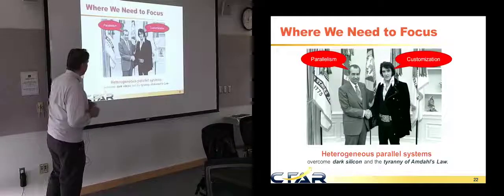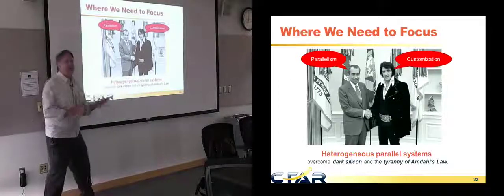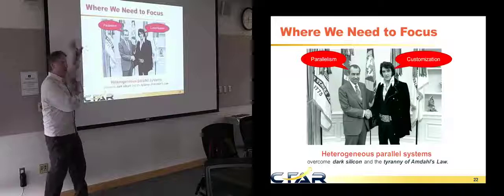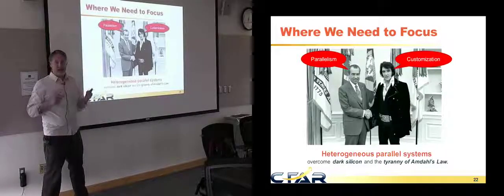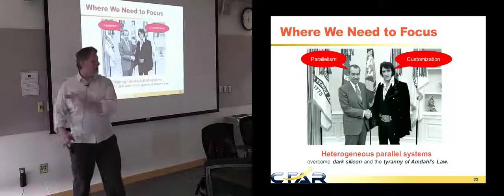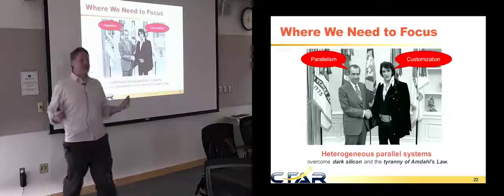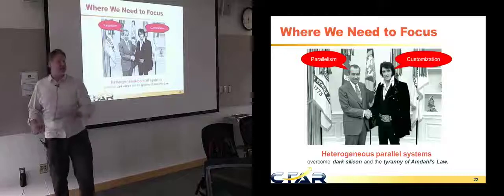Now, normally in a talk like this, I would spend the rest of the talk telling you what are good ways to do heterogeneous parallel design. But there's a little twist in the middle of this talk because I'm not going to do that. Why? Because I know architects are smart and they're going to figure all this stuff out. In fact, it's not that interesting to me to know how to do this for all the different applications that are out there.